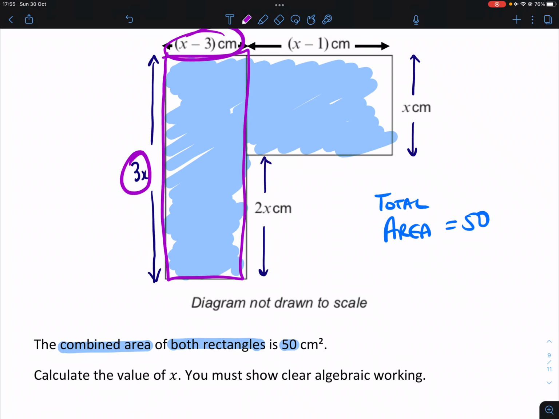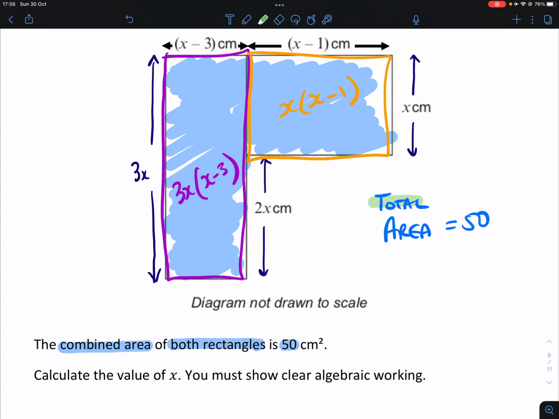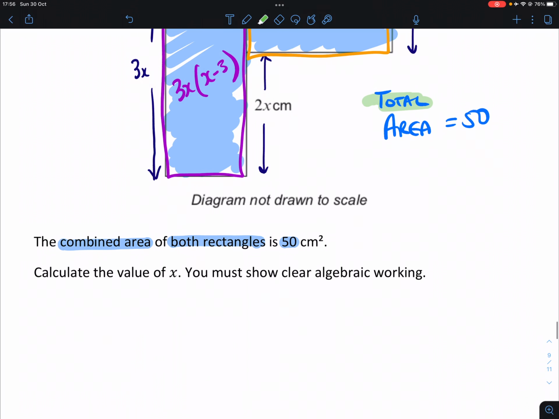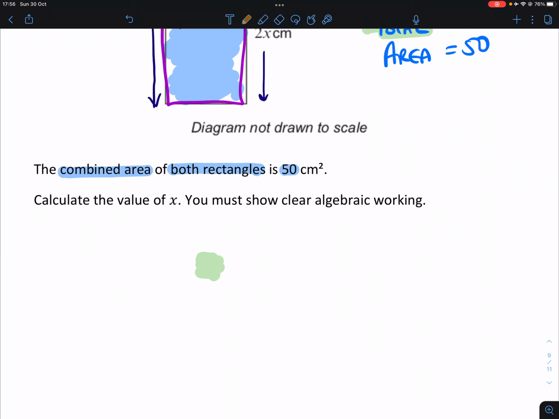So 3x times x minus 3 is going to be the area of that left rectangle there. The area of our right rectangle is going to be our base of x minus 1 and our height of x. So we get the following. And then our total area, which will be these two terms added together, is going to equal 50. So that's where we're going to create our equation.